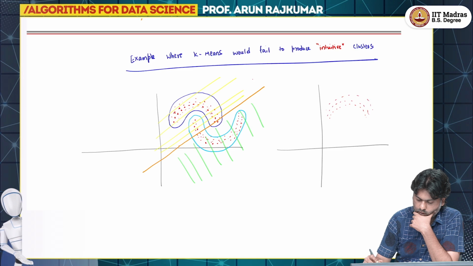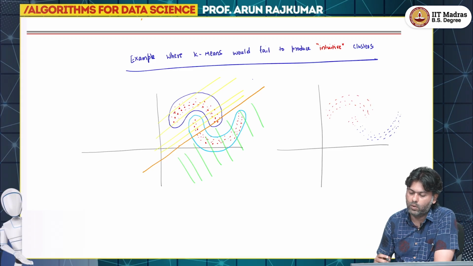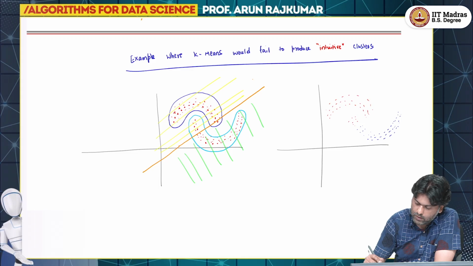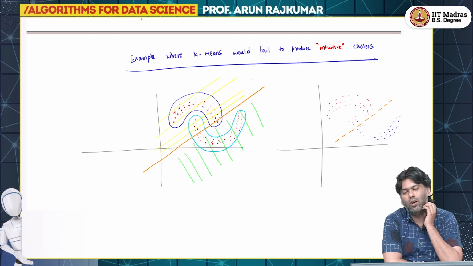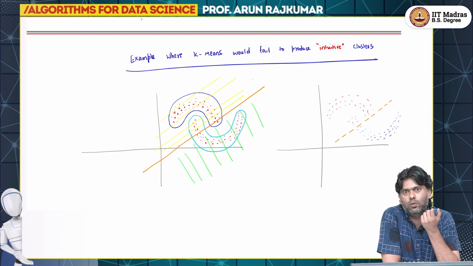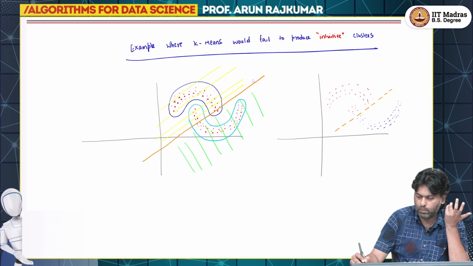This is there, and then followed by these points, and now the remaining guys, these will belong to one cluster, right? So as you can see, the line itself is this. This perhaps is not the most intuitive way we want to cluster this, right? So this is one example.